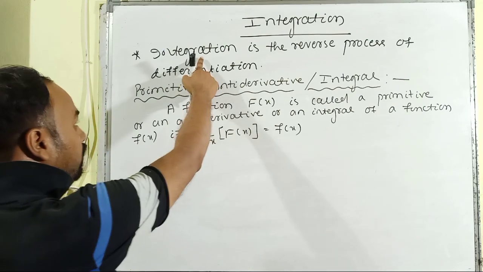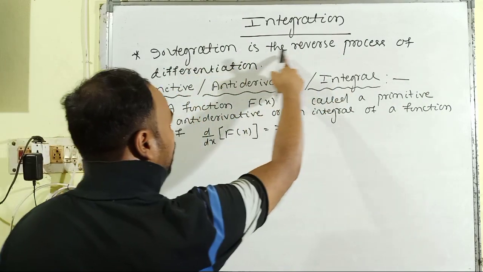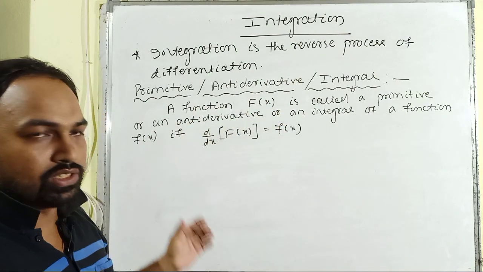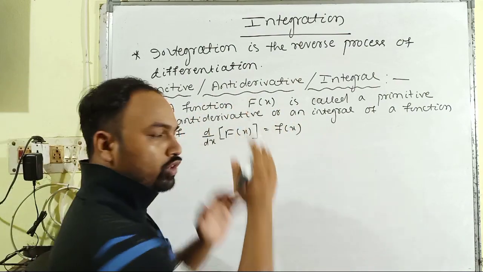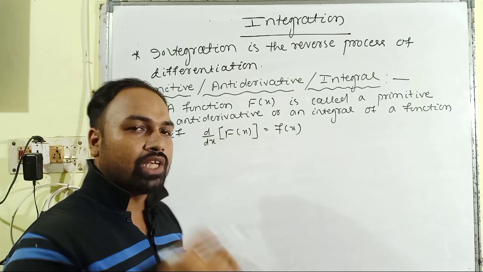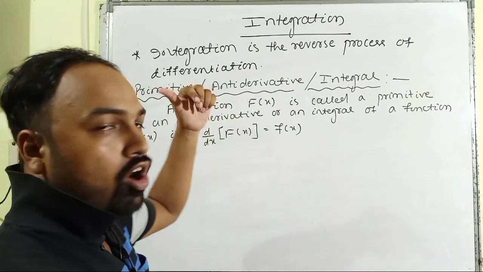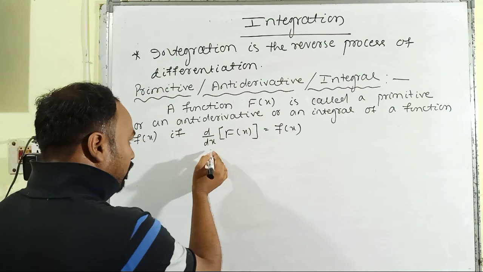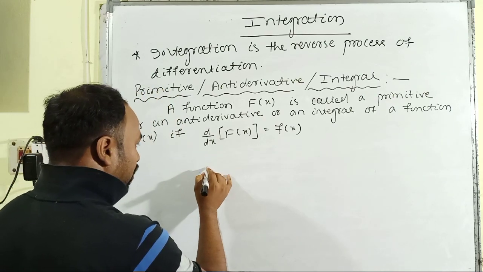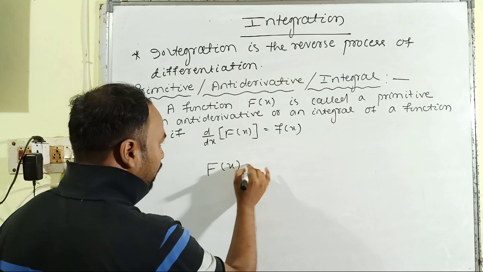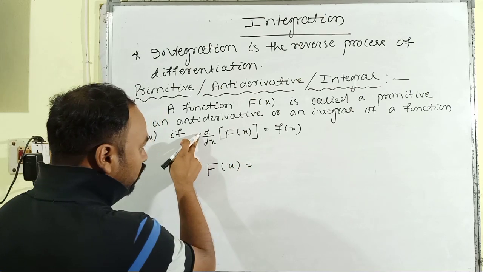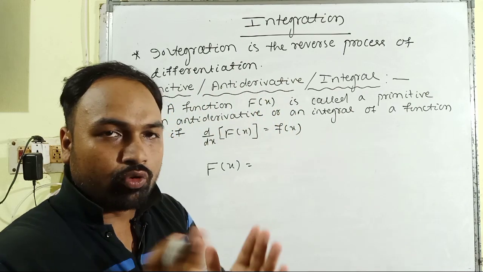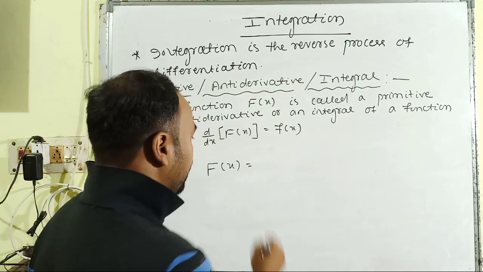By using this line, integration is the reverse process of differentiation, and this is the process of differentiation. By reversing it, we can get the primitive, antiderivative or integral. So let us reverse it, and we find that capital F of x, as the derivative is shifted towards the right hand side, converts into the form of an integral.